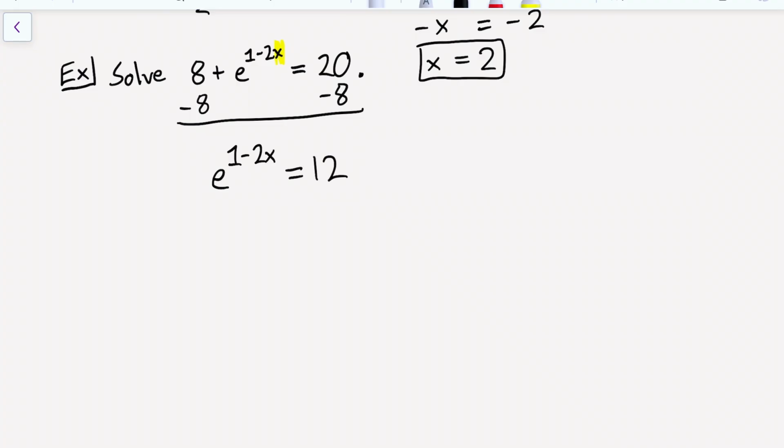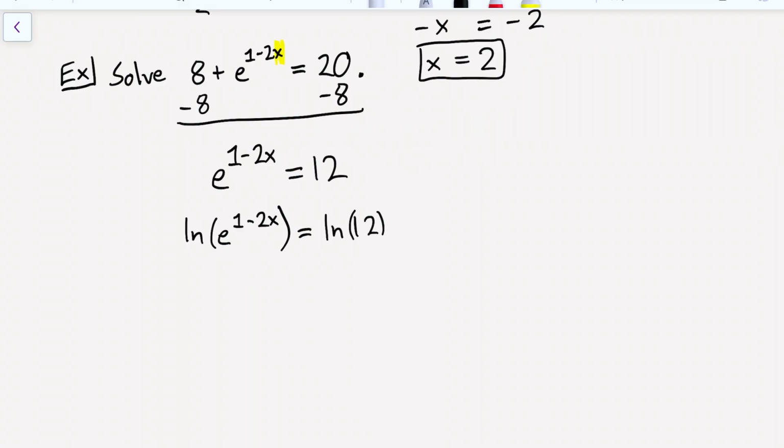And because these two sides are equal, I can apply a logarithm to both sides of any base that I like, and the logarithms will be equal. Why don't we apply the natural logarithm? So the natural log of e to the power of 1 minus 2x equals the natural log of 12.